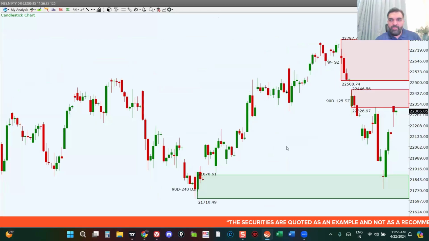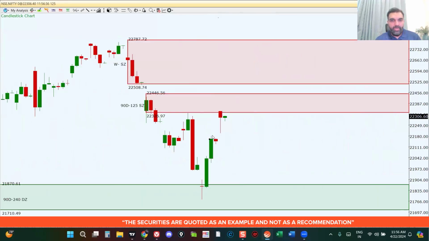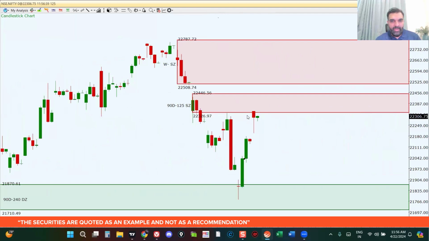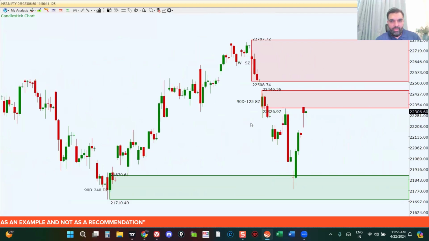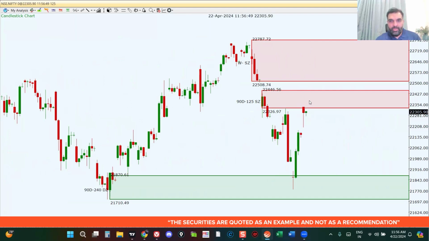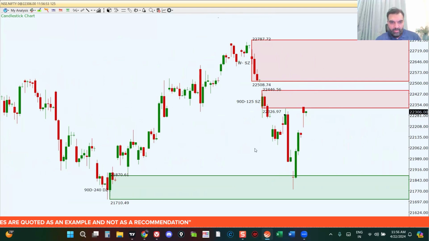If you look at the 125-minute chart on the Nifty, we did open into this level of supply. Prices did give a reaction now. But because this supply is in the middle, and if the trend is still strong, we might expect to see the prices more or less breaching this level and trying to push further to the upside, because we had this nice strong bounce and a very, very strong bounce from this 240-minute level demand zone.